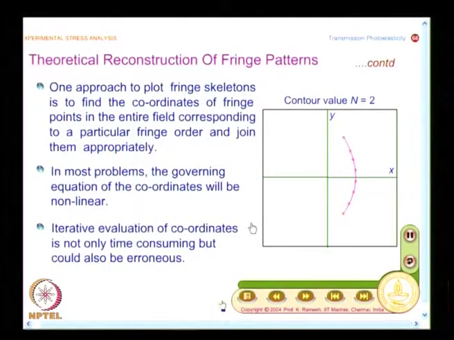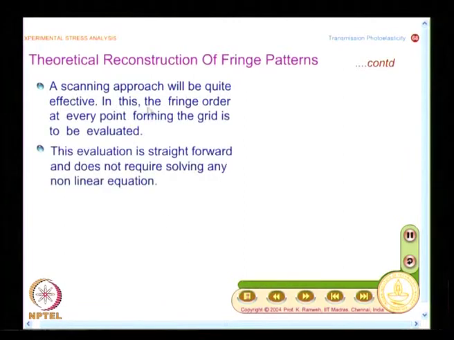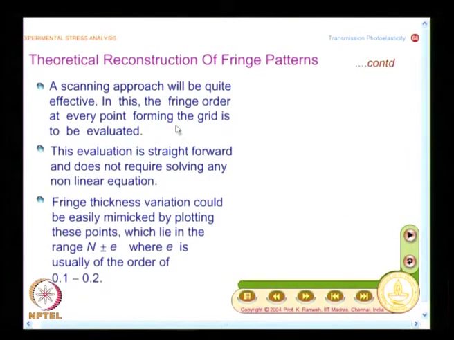So, what we will do is, see, computers are very faithful servants. If you ask them to do repeated calculation, they will do it without a murmur, that is the greatest advantage. So, we will use the computer that way. We will do a scanning approach, which will be very effective.